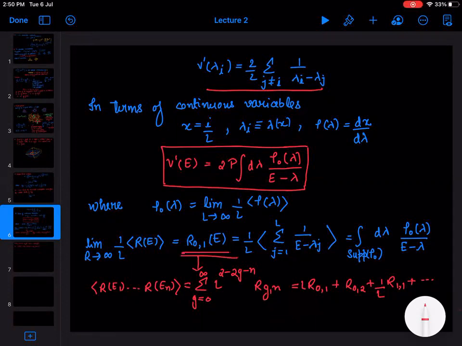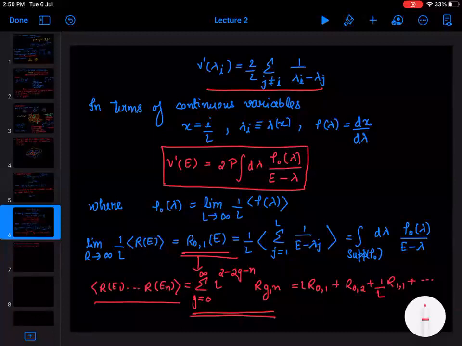If we have the n-point correlator of the resolvent, this is how the genus expansion looks, and the leading order piece here is R0,1. So this is what we are calculating through the saddle point equation. And from its expression in terms of the eigenvalues, we saw that it has poles exactly at the eigenvalues of these matrices. So this tells you where your eigenvalues are located.